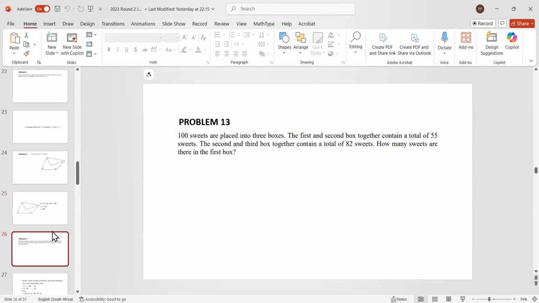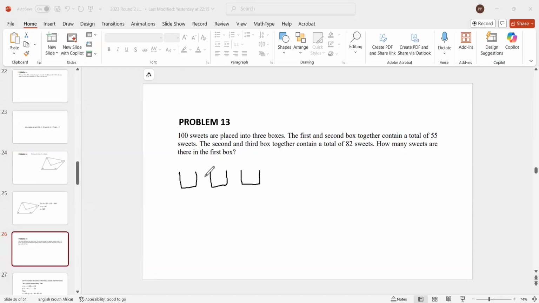Problem number 13. So what does problem 13 say? It says you've got 100 sweets placed in 3 boxes. Let's draw these boxes here. The first and second box together contain 55 sweets.